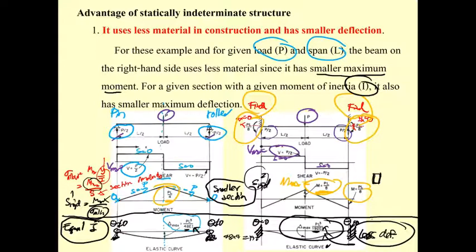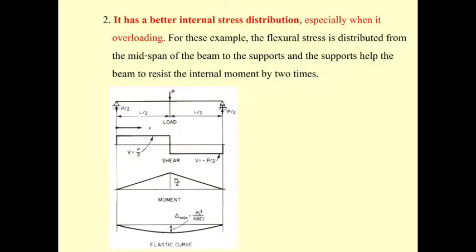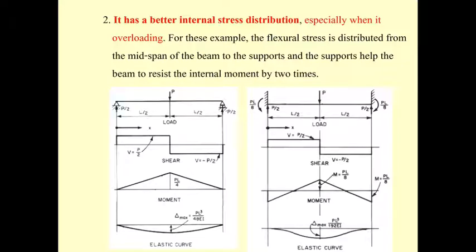And then the next one is also talking about the distribution of the stress. The moment diagram of the statically determinate beam has zero at both ends, but for the fixed support, due to the fixed effects, the moment at both ends will redistribute from the middle to the support.